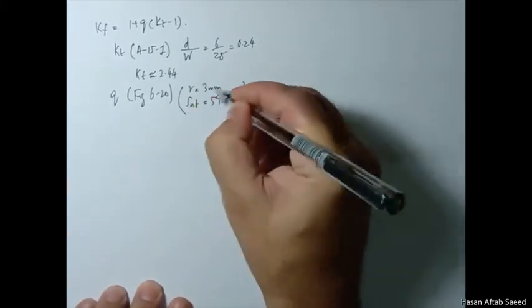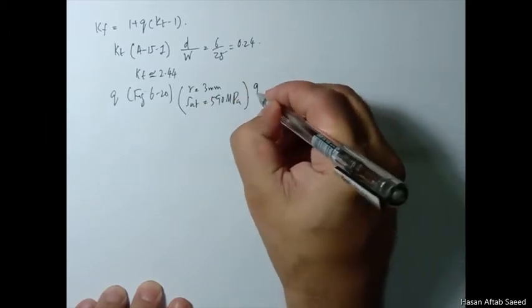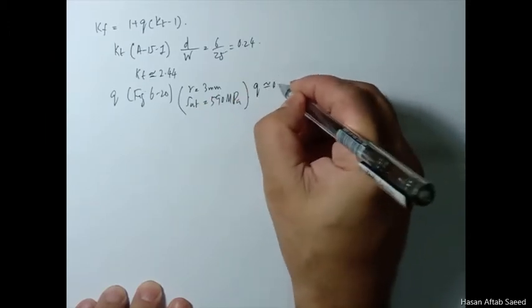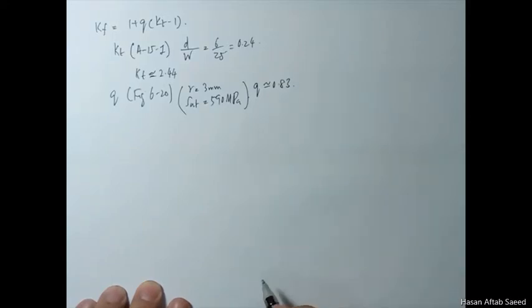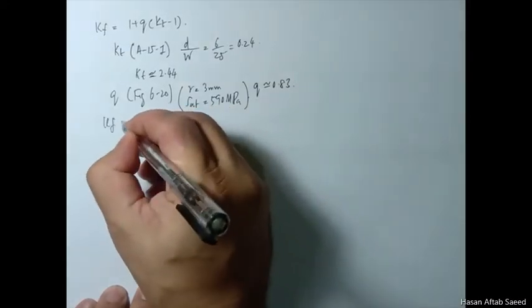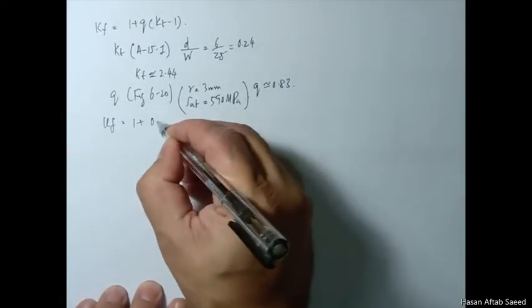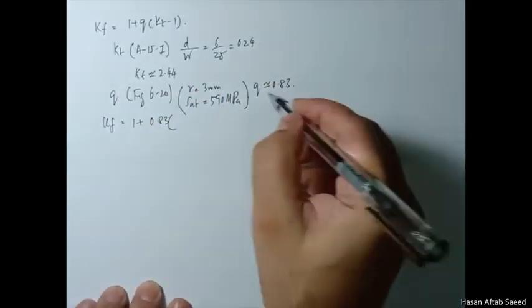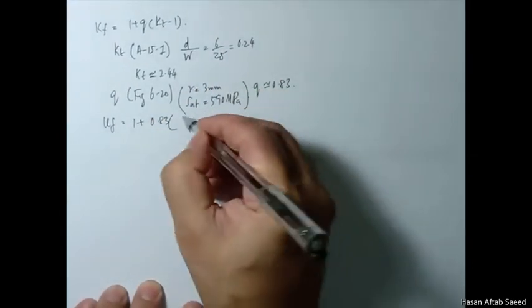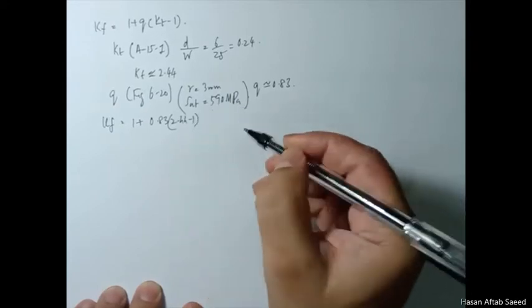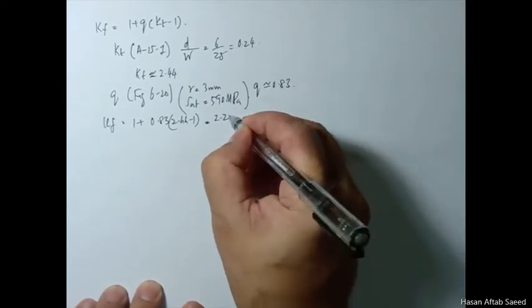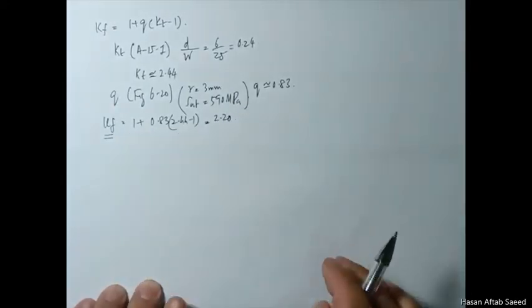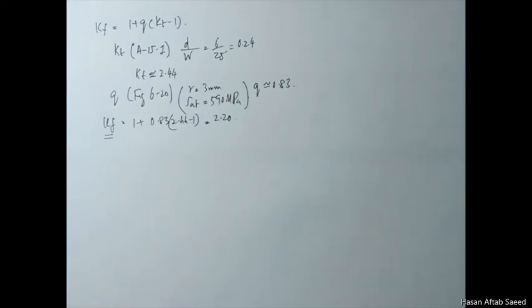For these two values, q is roundabout equal to 0.83. Putting the values, Kf is equal to 1 plus 0.83 times 2.44 minus 1. This turns out to be 2.20. This is the Kf, the fatigue stress concentration factor that we need to apply to our stresses.